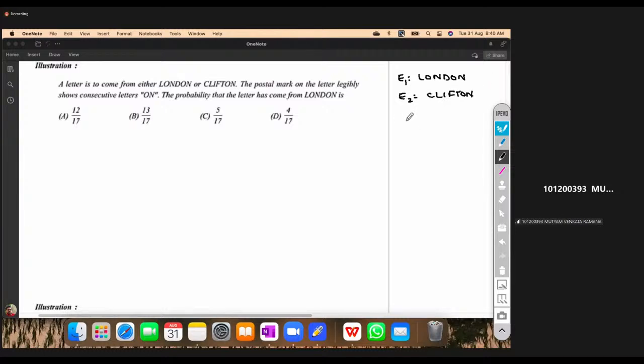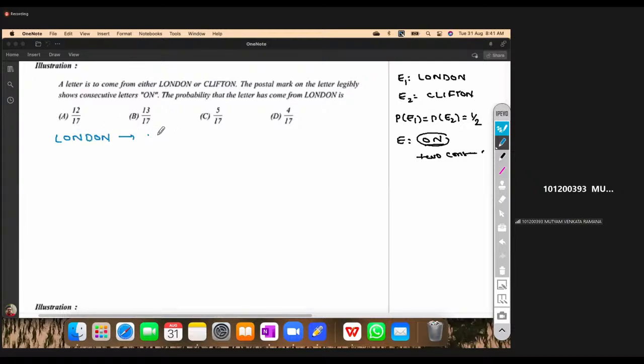So clearly probability of E1 is equal to probability of E2 is equal to 1 by 2. E is selecting two consecutive letters. So you look here in London, what are the possibilities?